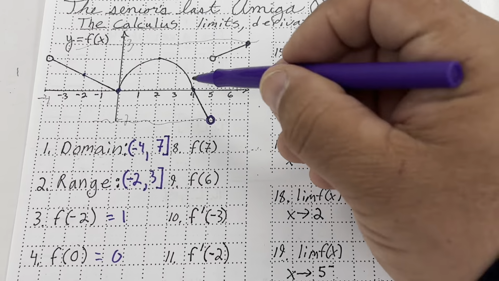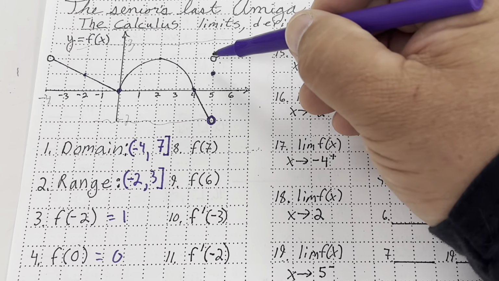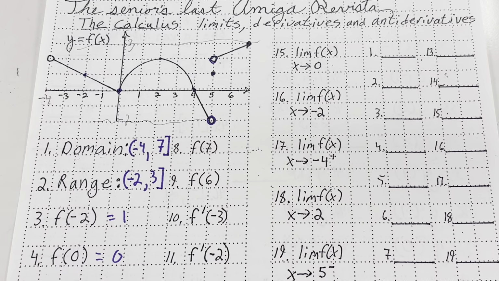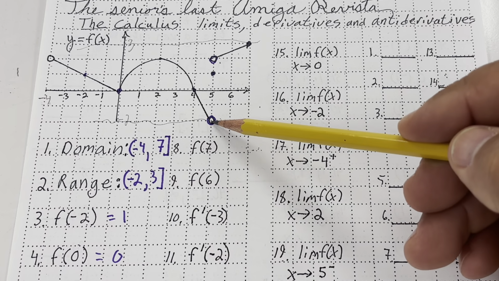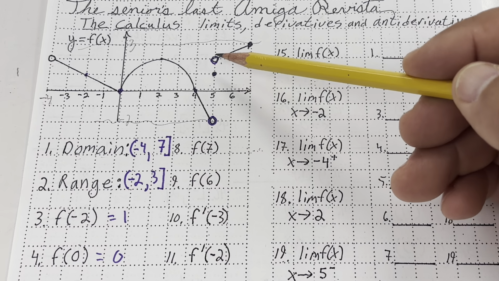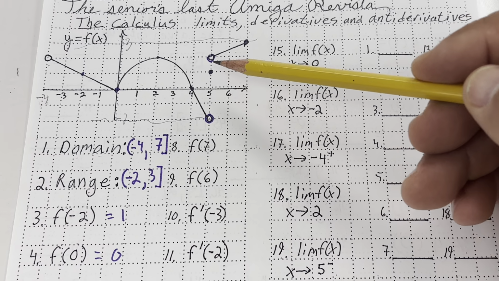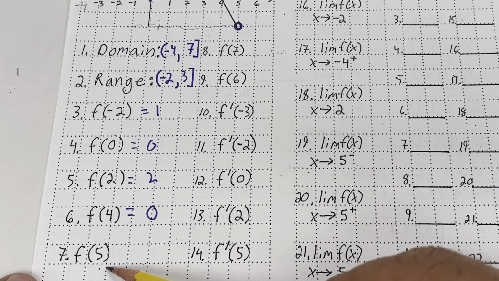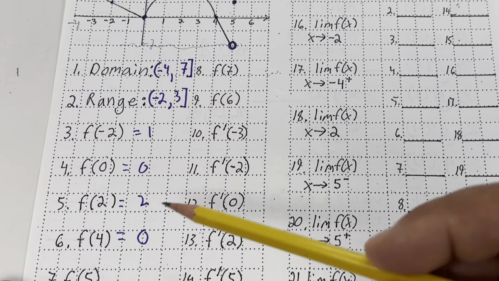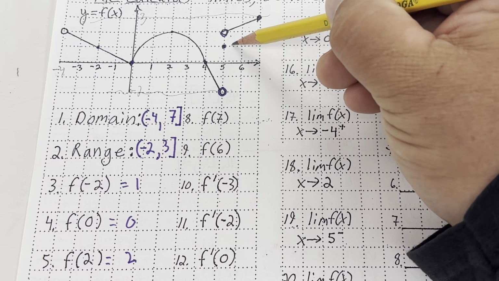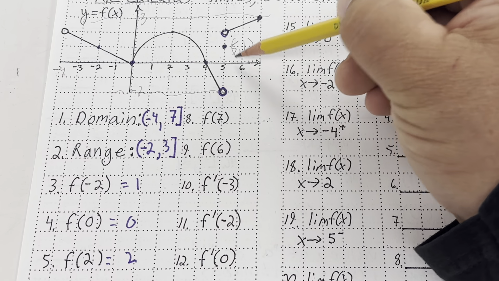F of 5, we go 1 right, and this is a little tricky. We have an open circle down here, an open circle up here, but a point. So algebraically, when x equals 5, the y value is going to be at that point, 5, 1.